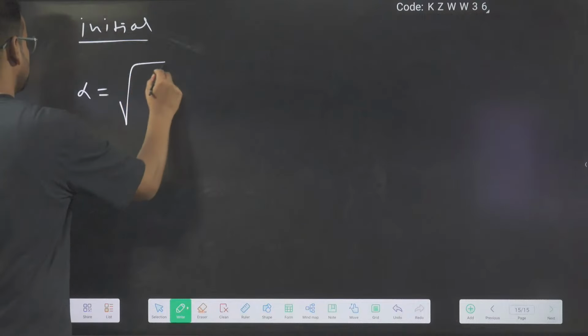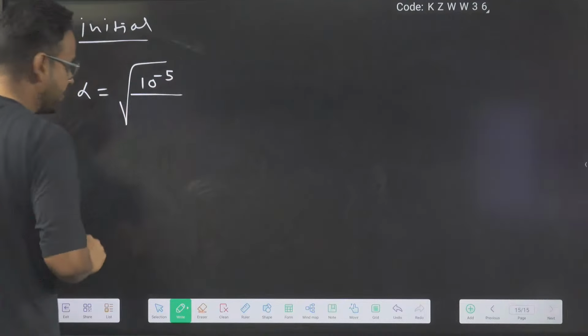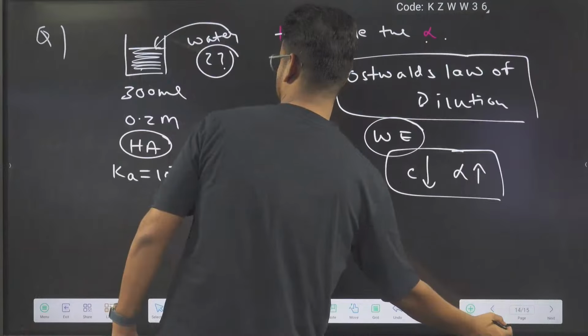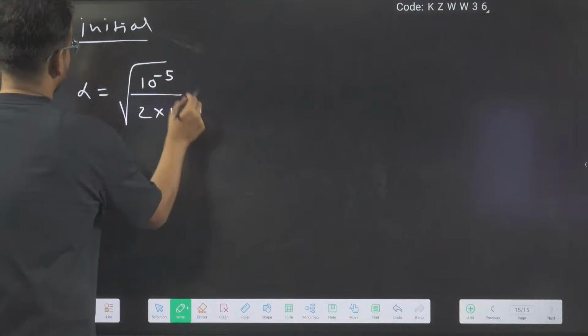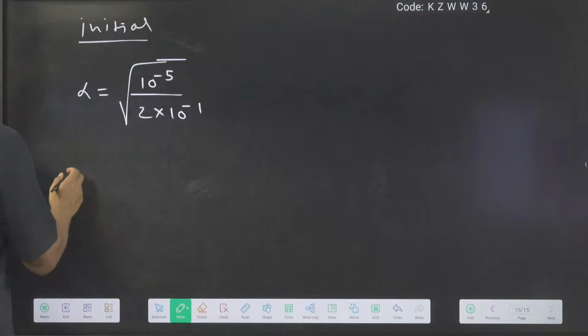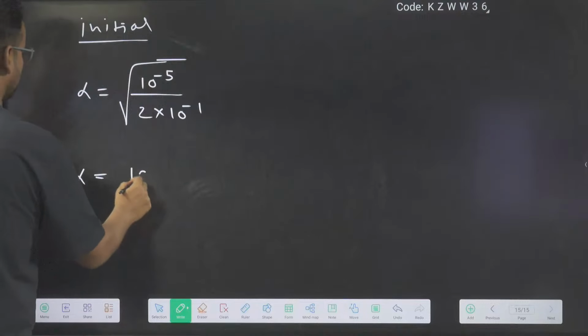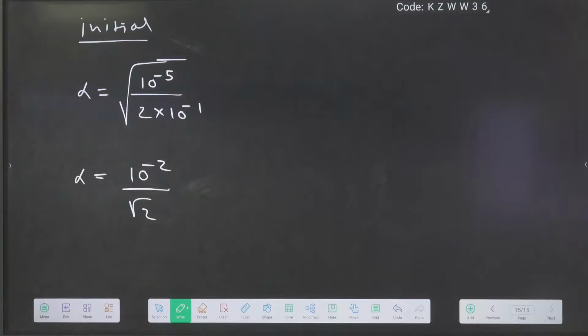Initial alpha is under root of Ka by C, that is, under root of 10 to the power minus 5 upon C, where C is 2 into 10 to the power minus 1. So this will become 10 to the power minus 4 under root, 10 to the power minus 2 upon root 2.